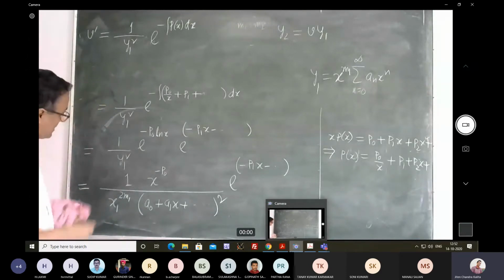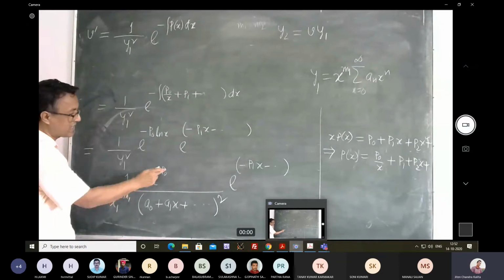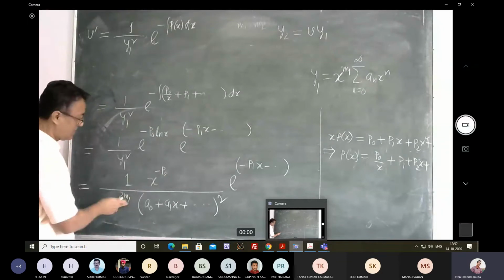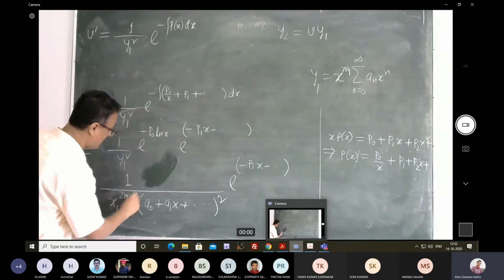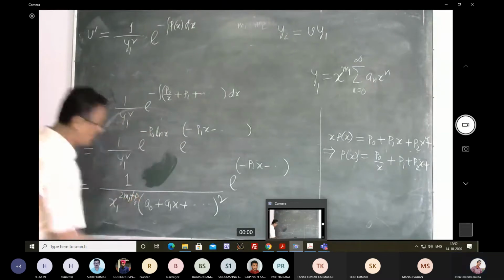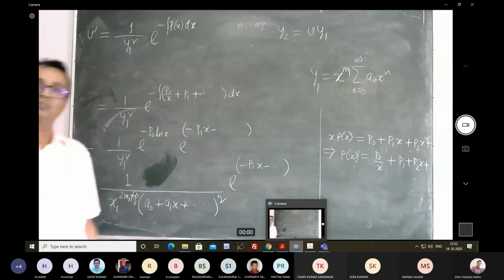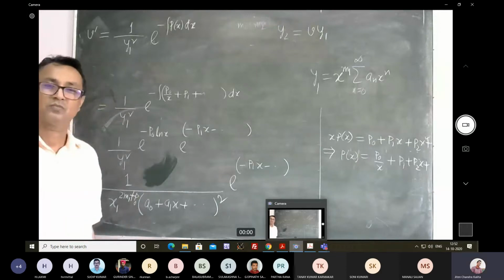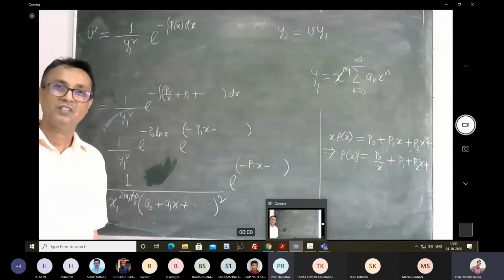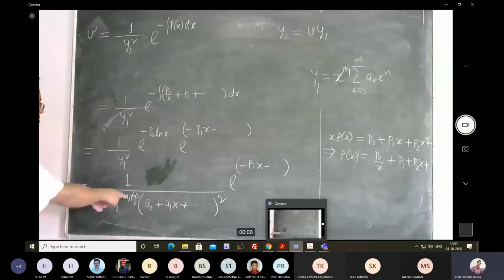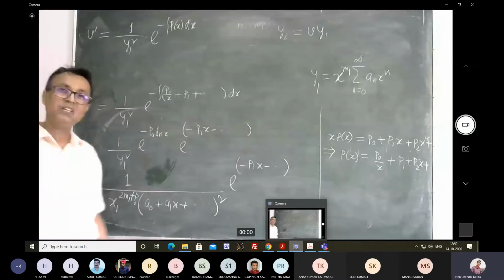So now let us see how we are going to manipulate it. I am going to bring this p naught here. Is it okay? And what is 2m1 plus p naught equal to?